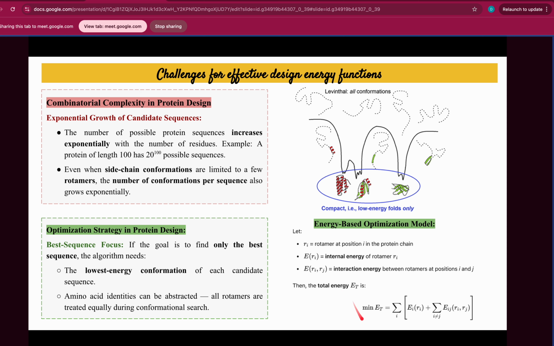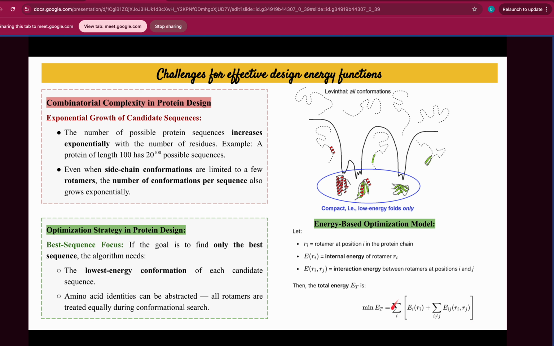The total energy is given by the minimum E total, since our aim is to get the minimum total energy, which equals the summation, starting with I as the current residue, of E(Ri), the energy of that particular residue I rotamer, plus the summation of all its interaction energies with all such J residues, such that I is not equal to J. That means the residue's energy with itself is not calculated; its interaction with all other residues is calculated.